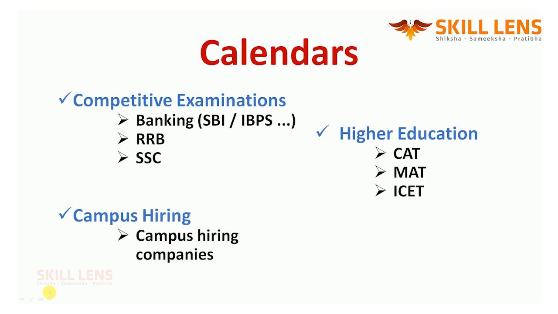In this topic you need to understand there are 2 types of years: one is the ordinary year, the other one is the leap year. We'll try to understand one by one.